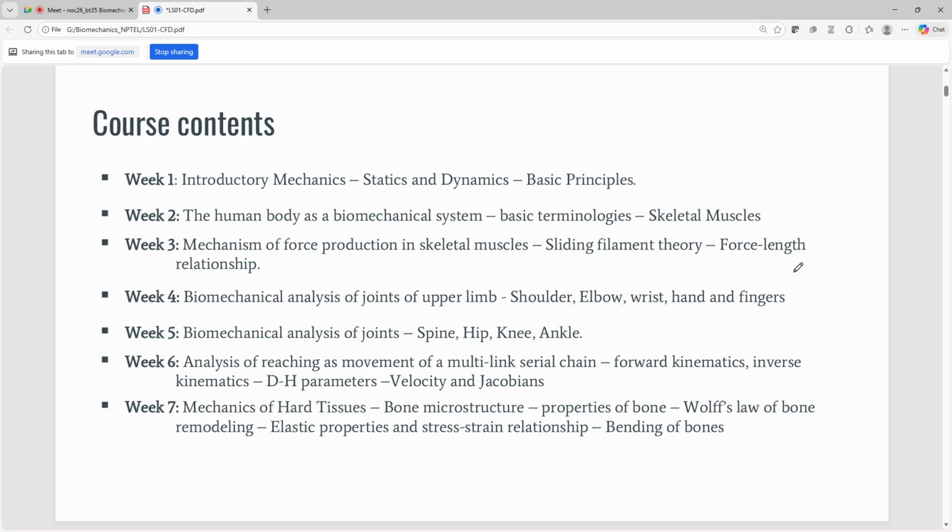All those things are discussed in this course. As the course name itself says, Bio plus Mechanics, that is how the principles of mechanics can be used in human physiology, and how the anatomy is analyzed with the use of mechanical principles.